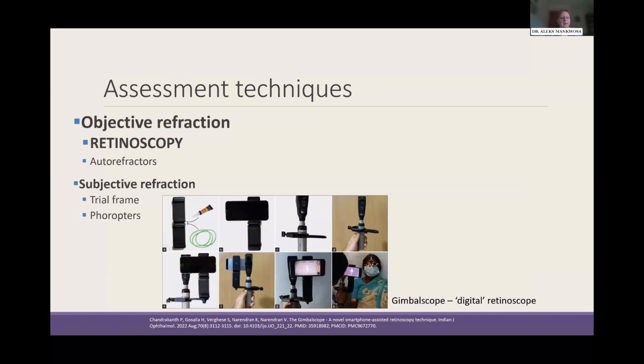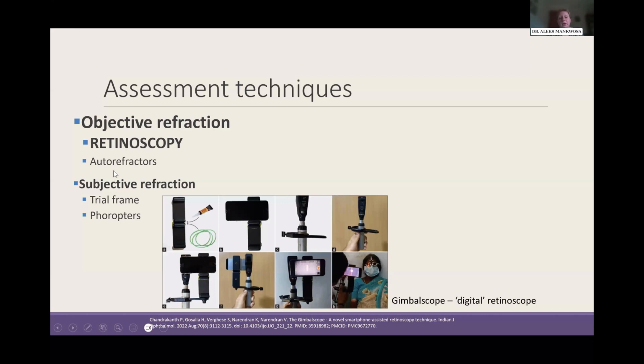Again, if we think about assessment techniques, I don't think that there are any surprises here. Thinking first of all about our objective techniques, for most of us, the most important skill that we learn when we are training to become optometrists, ophthalmologists, is retinoscopy, because this allows us to see objectively how to estimate the patient's refractive error.